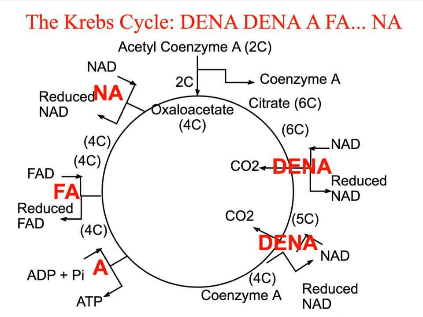Okay, so this next bit is not my own work. I found it somewhere and it's kind of stuck. It's just a way to remember where the coenzymes and the ATP are in the Krebs cycle.